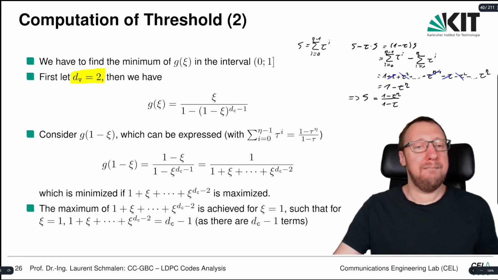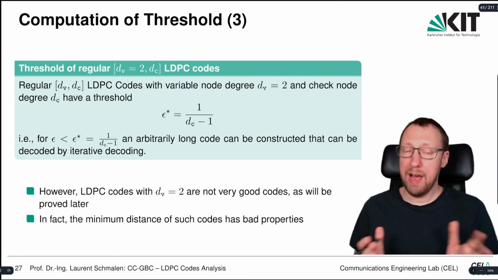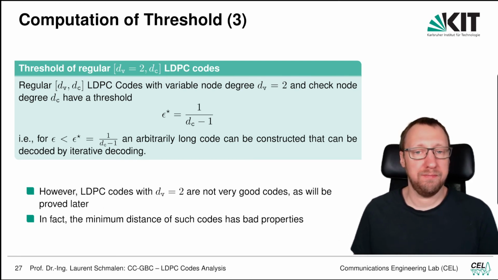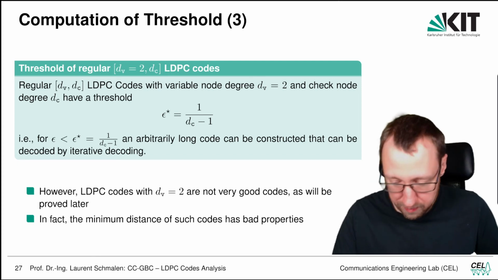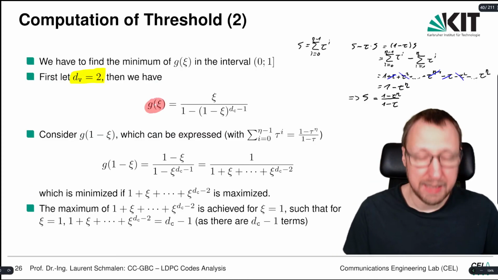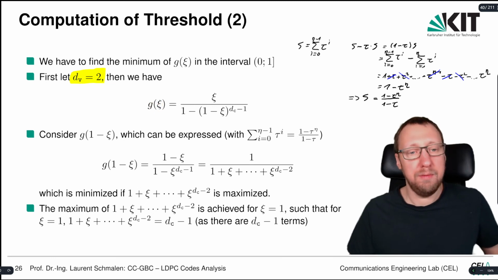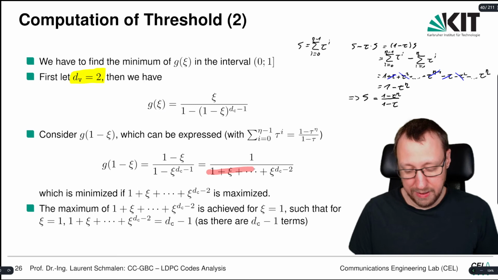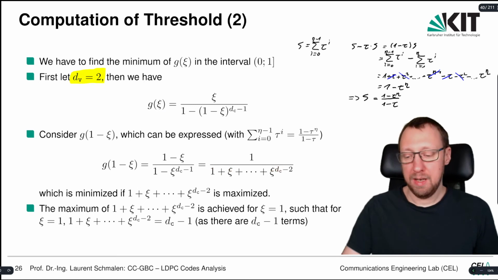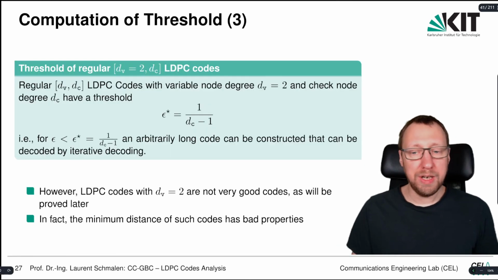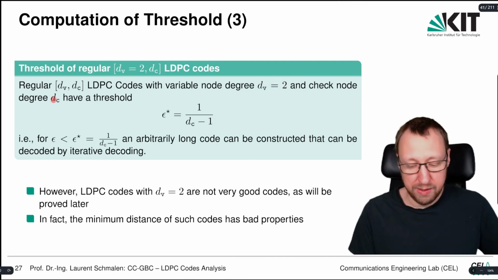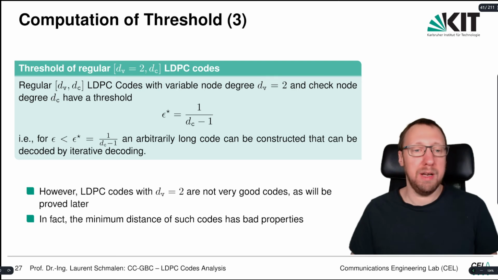Okay, so what do we have? We have a threshold now for the regular 2-4 codes. Because g of xc is the threshold, we minimize it, and that's 1 over dc minus 1. So the threshold for a code with variable node degree 2 and check node degree dc is 1 over dc minus 1.